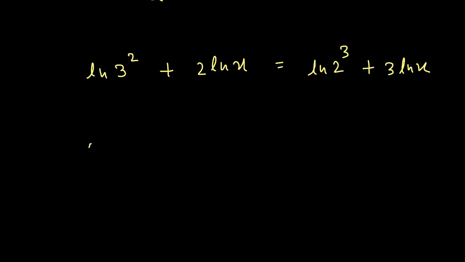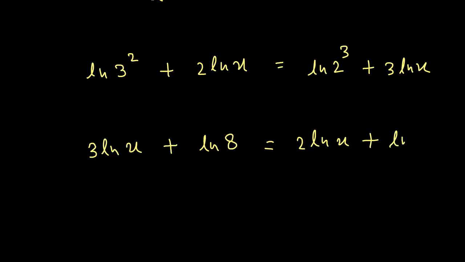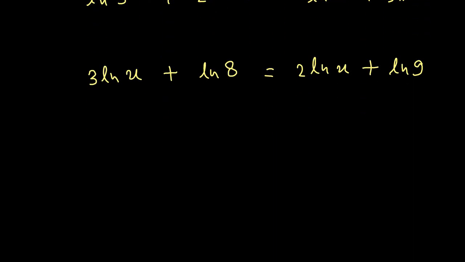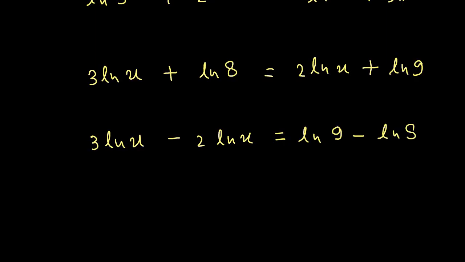So we can write 3 ln x plus ln 2 cube, means ln 8, equals 2 ln x plus ln 3 square, means ln 9. Again, we can take the ln x on the left side and other numbers on the right side, and we can write 3 ln x minus 2 ln x equals ln 9 minus ln 8.